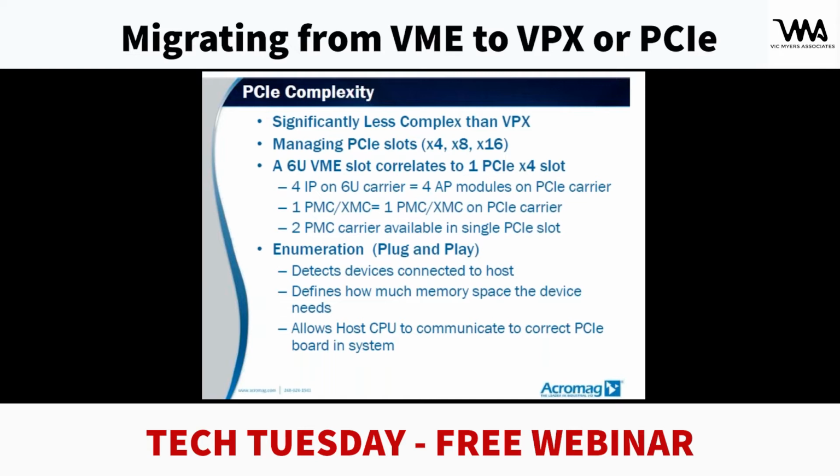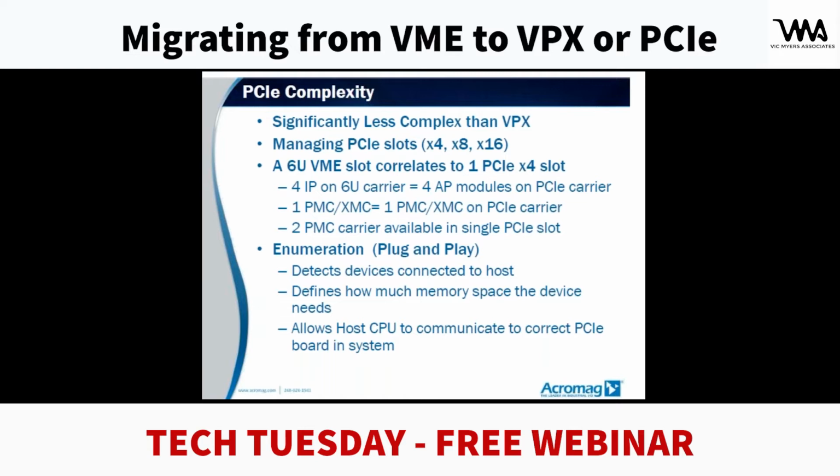The plug-and-play aspect of PCI Express server architecture is what they call enumeration. At power-up, the host CPU detects the devices that are connected, and it defines how much memory space the device needs. What this does is it allows the host CPU to communicate to the correct PCI Express board in the system.